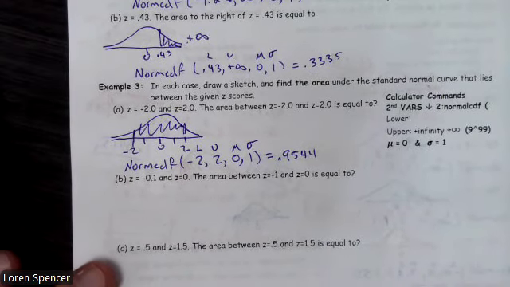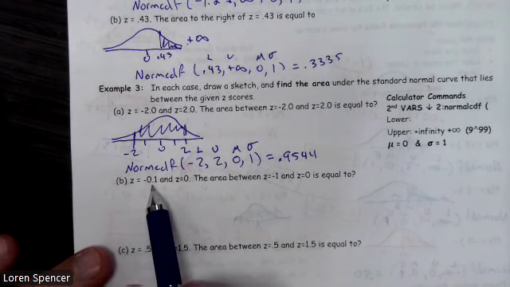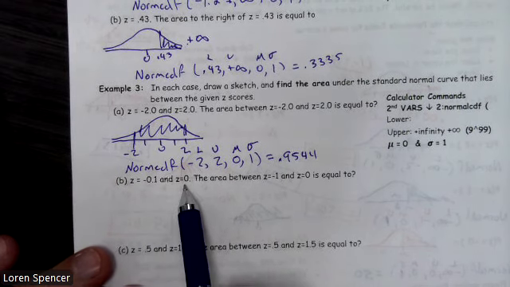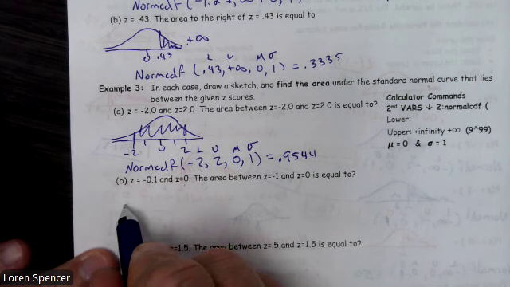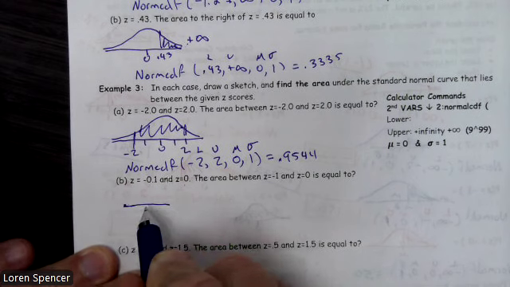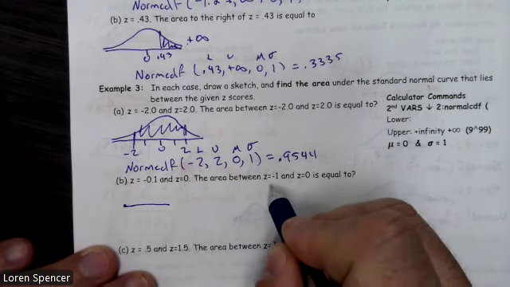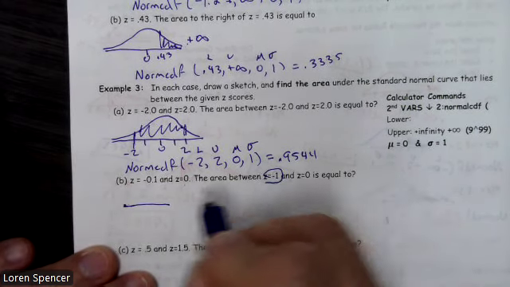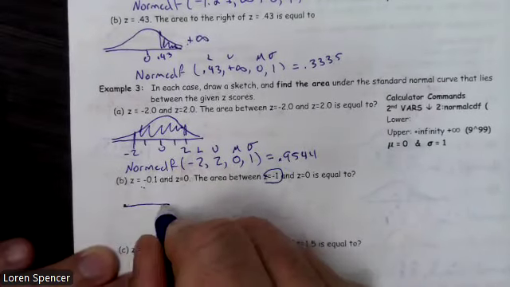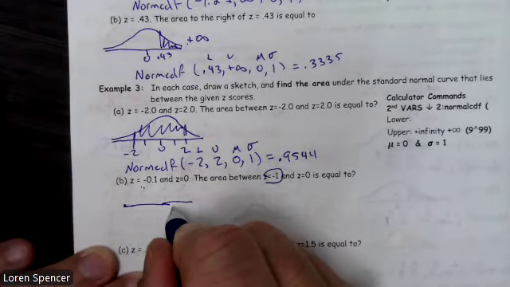All right. So now we have a 0, -0.1, and z equals 0. So we're looking at a very small interval. Actually, let's make it -1 to 0. Let's just assume that's a typo.